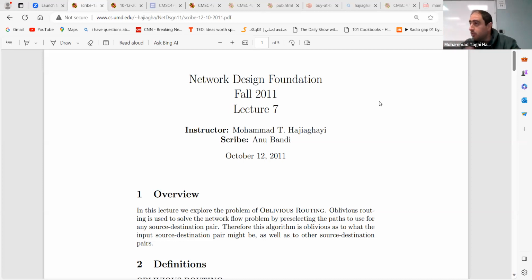Sometimes it would be the whole solution, like for the uniform case, uniform buy-at-bulk, but sometimes it will be part of the solution, like non-uniform buy-at-bulk, but it helps. Now, I mentioned before that these are for the connectivity problems, where you want to connect the people or send the flow.